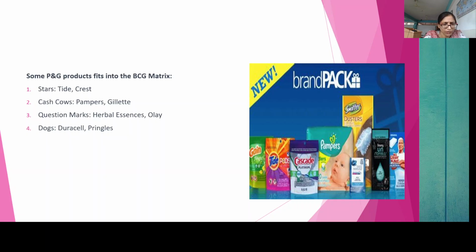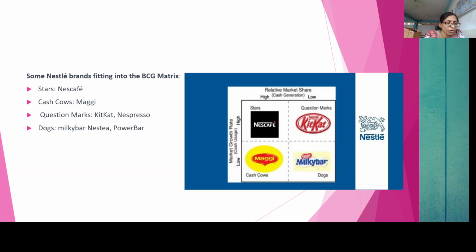Question marks like Herbal Essences and Olay, we have to give more attention. Marketers have to invest, or focus more on these, so that these question marks can become stars. And of course in the dog category, Duracell batteries and Pringles chips, they are not generating much profit.